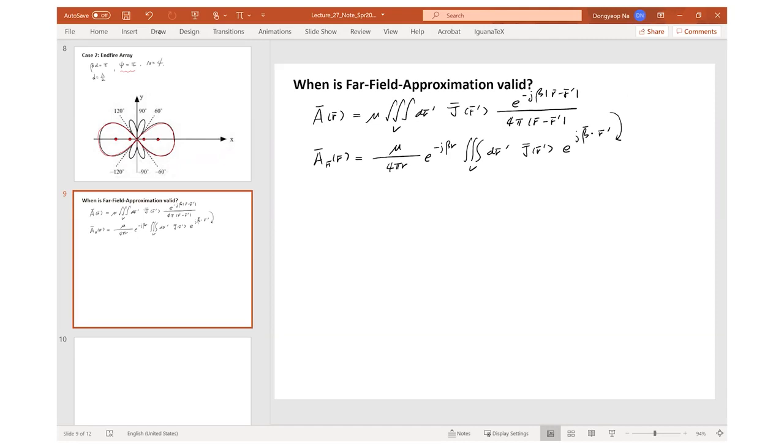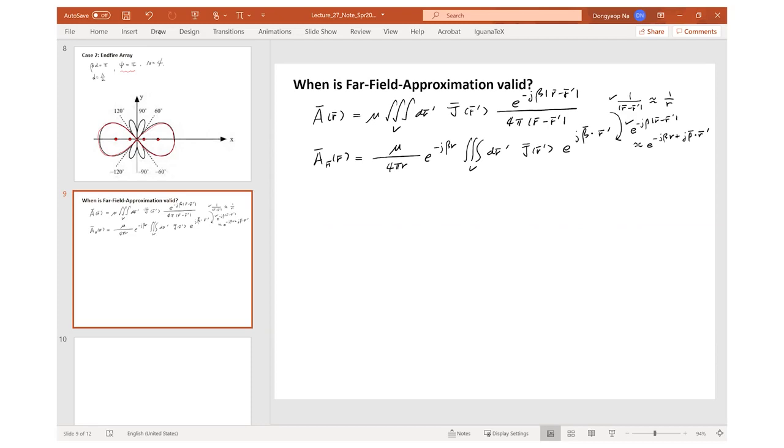Actually, the denominator was approximated by 1 over r, and this is one assumption. The other assumption is that the exponential of minus j beta times the magnitude of r minus r dash was approximated by j beta r plus beta dot r dash.